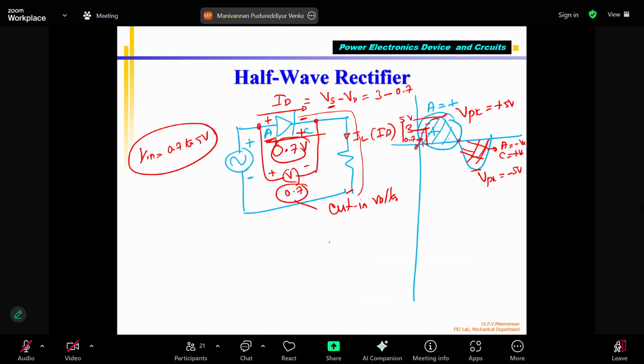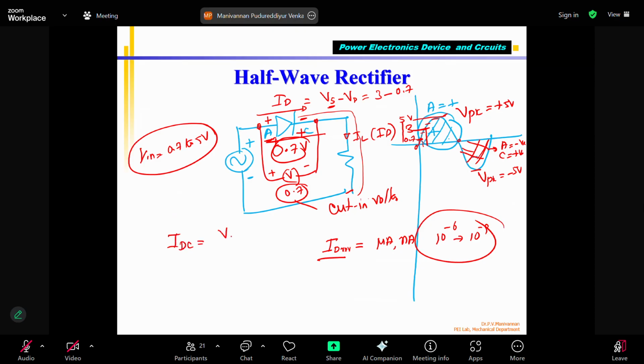But there will be a reverse bias current ID, in the order of microamps or nanoamps, generally in the range of 10 power minus 6 to 10 power minus 9. Theoretically, what should the reverse current be? Anybody?